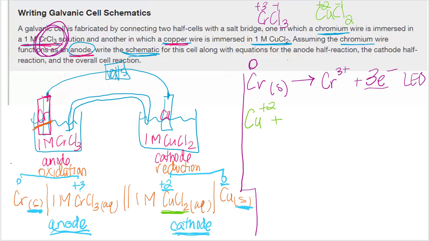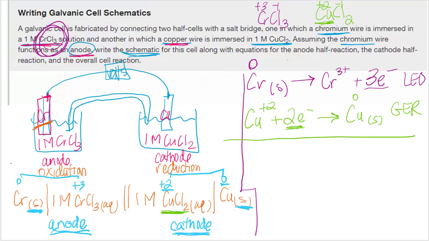That means that I need 2 electrons to gain, and that's going to give me my solid copper. Again, how did I know that there was 2 here? Because my solid copper has an oxidation state of 0. If I have a plus 2, I need a minus 2 in order to have that 0. So we had to gain to have our reduction.